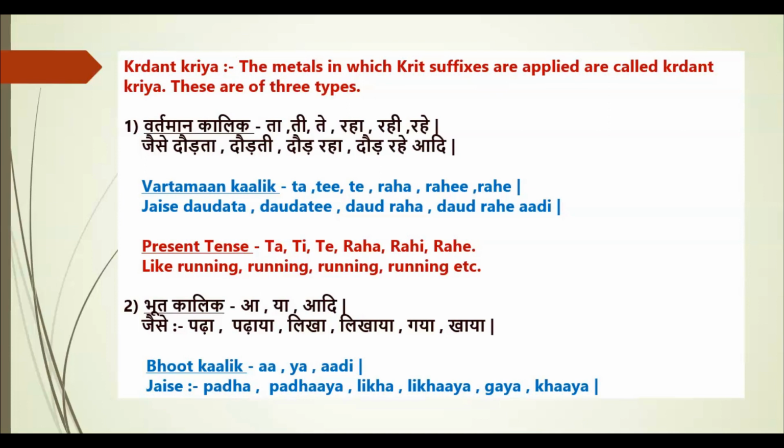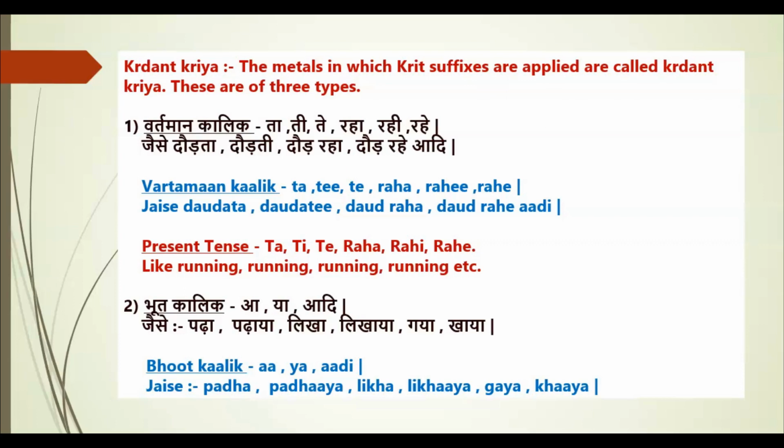The definition of kridant kriya is the metals in which krit suffixes are applied are called kridant kriya. These are of 3 types.